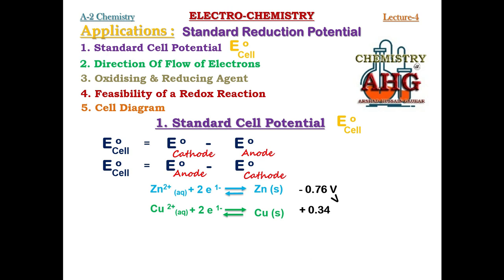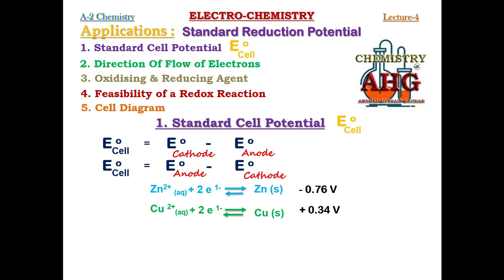The question can be asked: calculate standard cell potential for this electrochemical cell, this voltaic cell. 90% of A2 questions in your syllabus are asked for the electrochemical cell, but sometimes you will see 1-2 questions asking to calculate standard cell potential for an electrolytic cell. That is why I have told you both formulas.